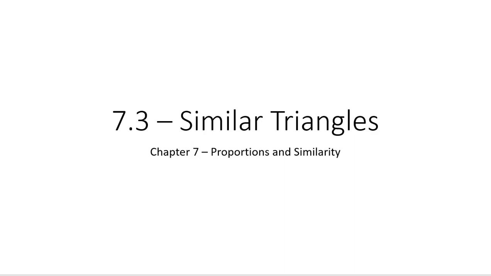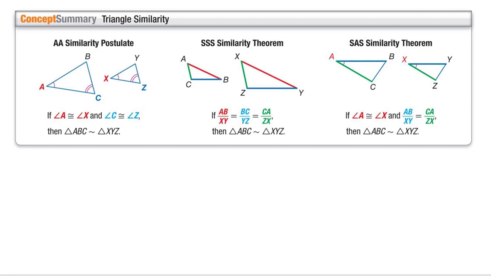Today we're going to be talking about similar triangles. Very similar to how we proved triangles congruent, today I'm going to give you the reasons why we could say triangles are similar. Okay, triangle similarity. AA similarity postulate.